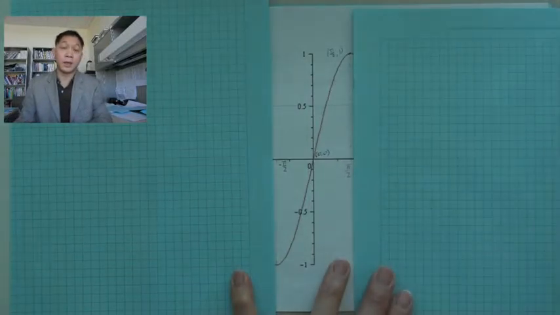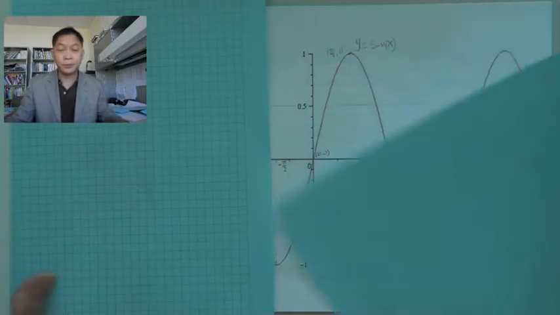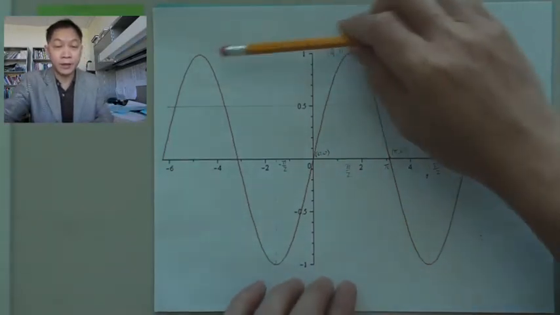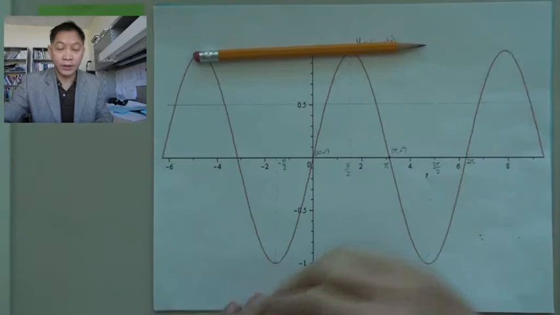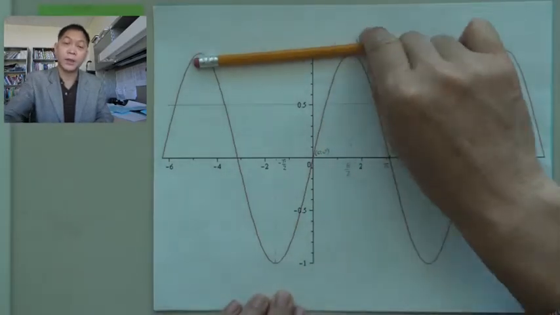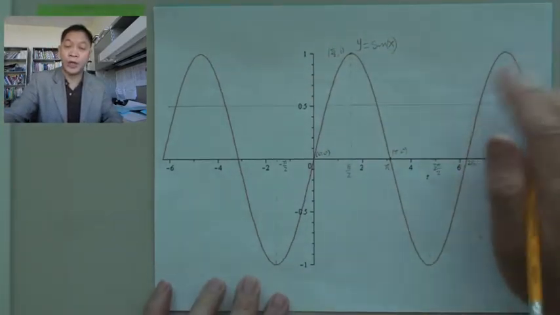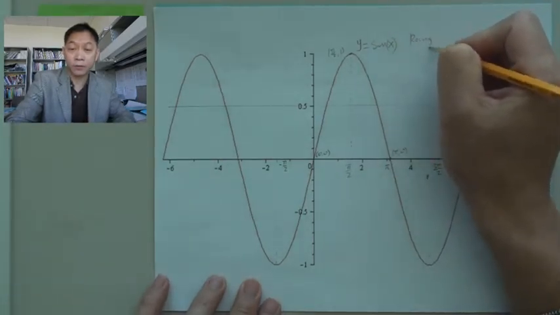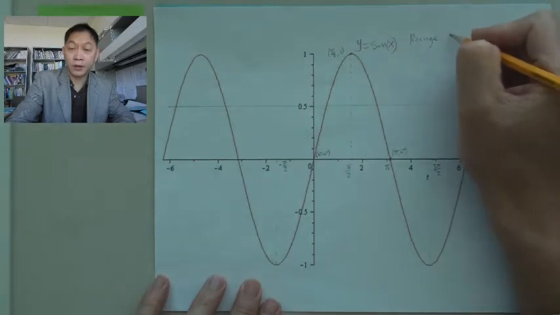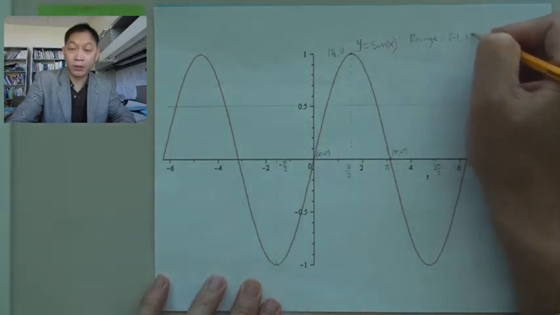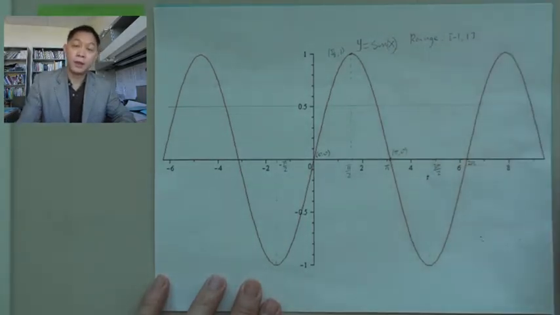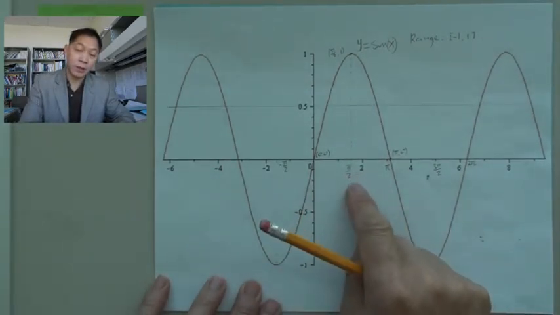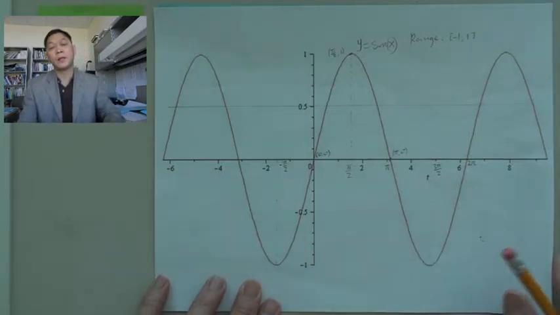You can see down here clearly, this picture is bounded from negative 1 to the positive 1. So the range for this one is from negative 1 to positive 1, and we restrict the domain from negative pi over 2 to the positive pi over 2.